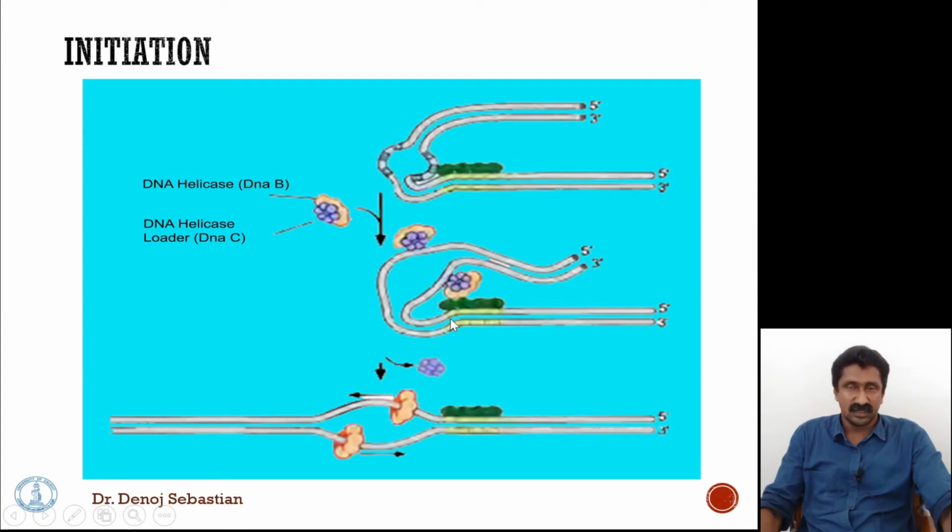Here in this representation, this is the DNA A protein that is binding to the 9-mer sequence, which causes a structural change in the remaining 13-mer sequence, and there is a localized unwinding in that region. And the DNA helicase, which is known as DNA B, and the helicase loader DNA C, both of them will bind to this localized unwound region caused by the structural changes of the DNA A protein binding.